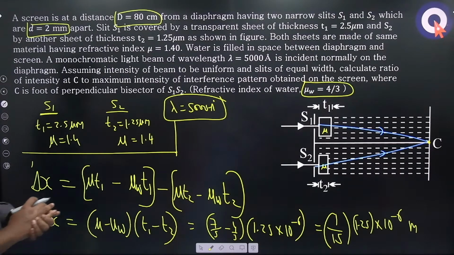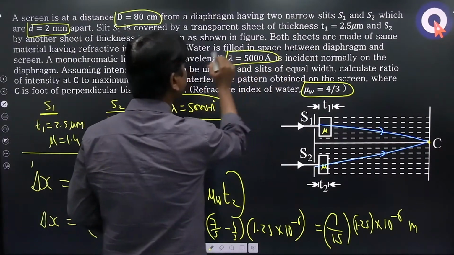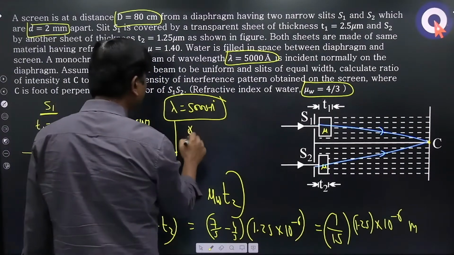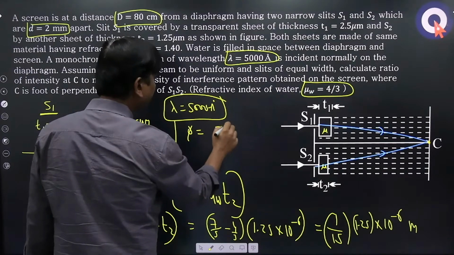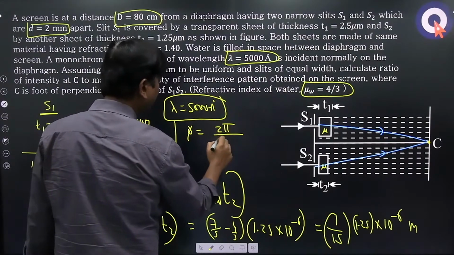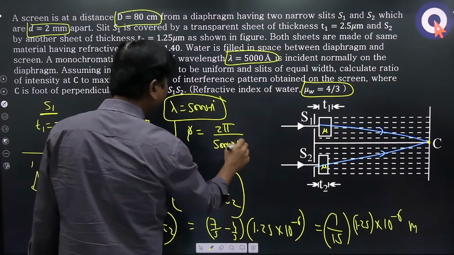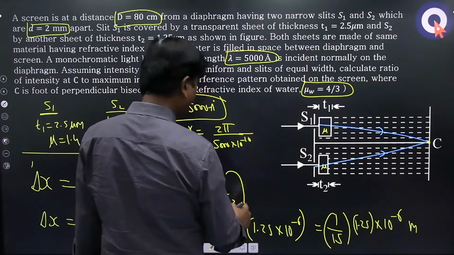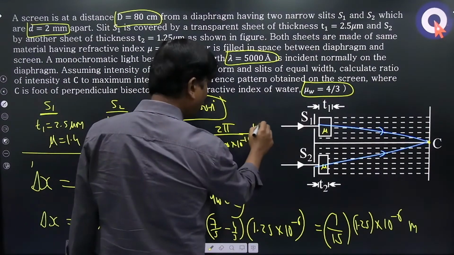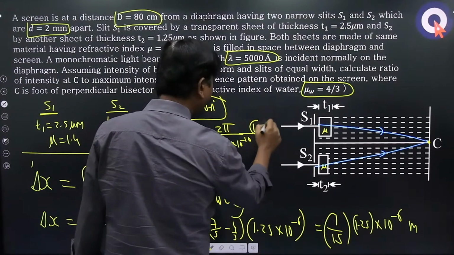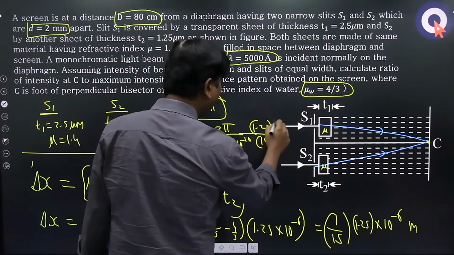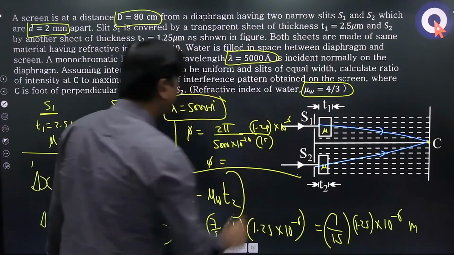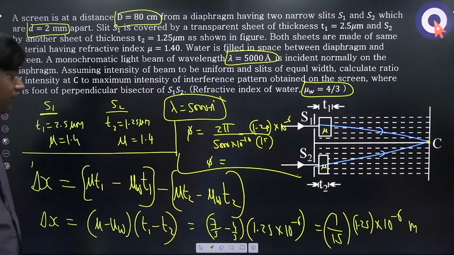And what is the wavelength? 5000 angstroms, right? So once you get delta x, how do you find the phase difference? 2 pi by lambda, which is 5000 times 10 power minus 10, into delta x. Delta x is nothing but 1.25 by 15 into 10 power minus 6. So first we'll try to calculate this one.